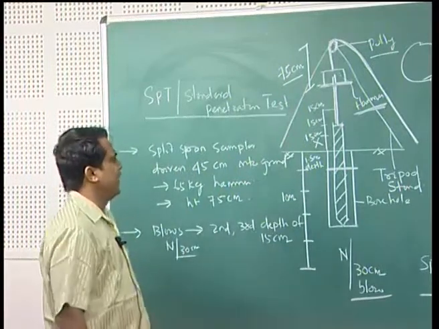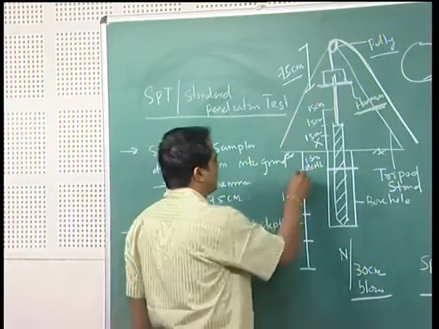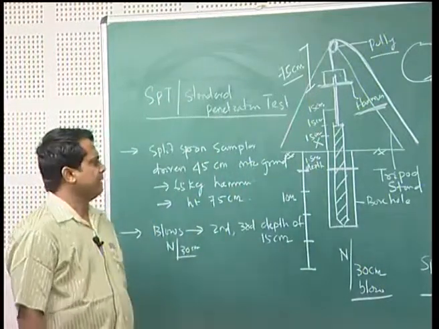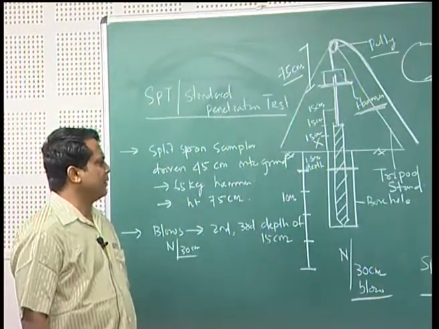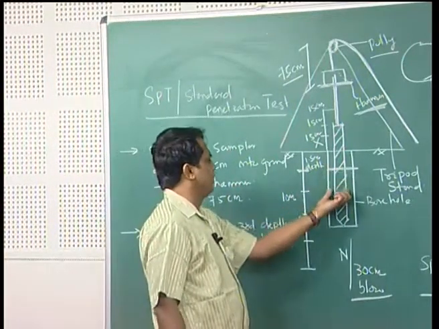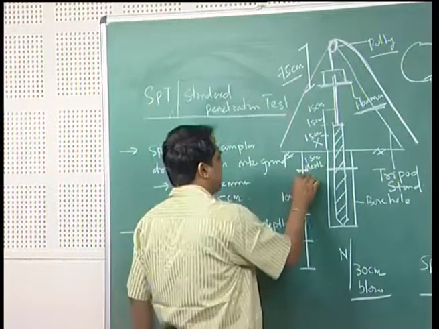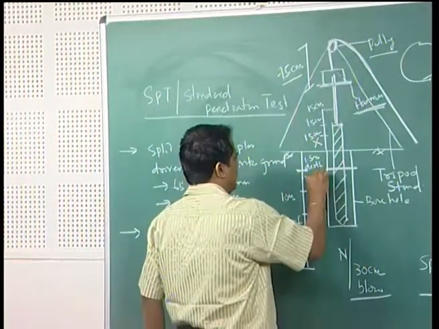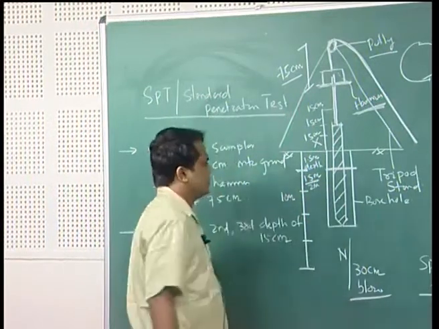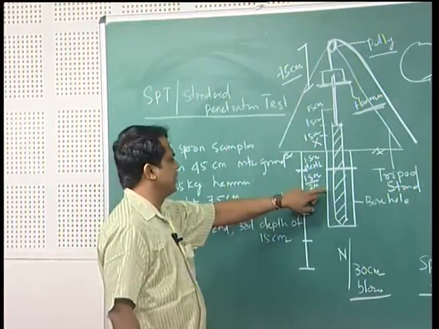That is your SPT N value for the first 1.5 meter depth. Then once you have recorded it, you make the borehole again for another 1.5 meter or 2 meter, depending upon the requirement, and the same procedure continues.